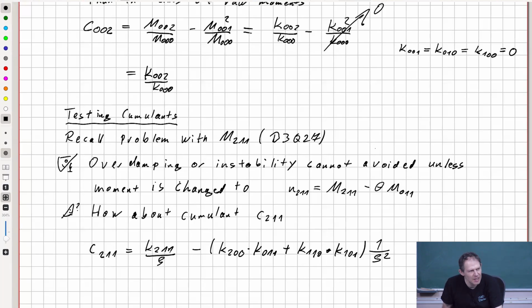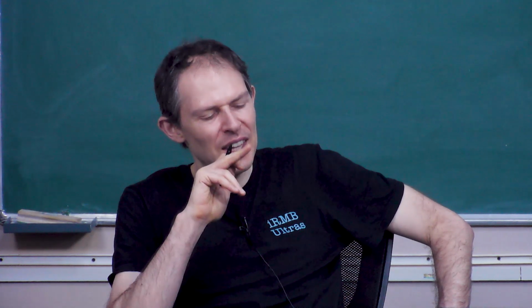By the way, you see one important difference between cumulants and central moments. If you remember what I said at the transformation of the central moments, if you write them in terms of raw moments, they are always linear. They come with higher order moments times velocity, but they never come with a product of second order moments.